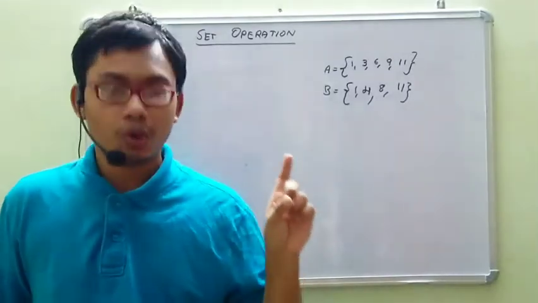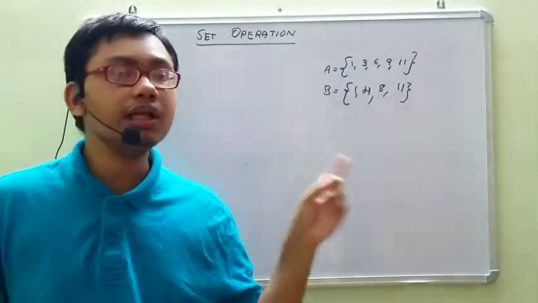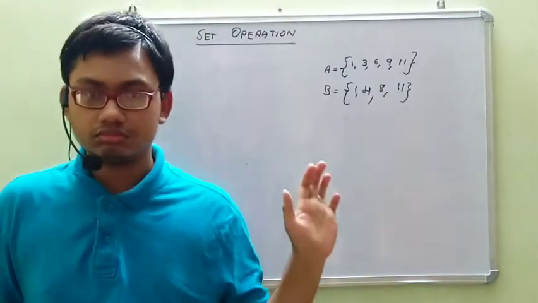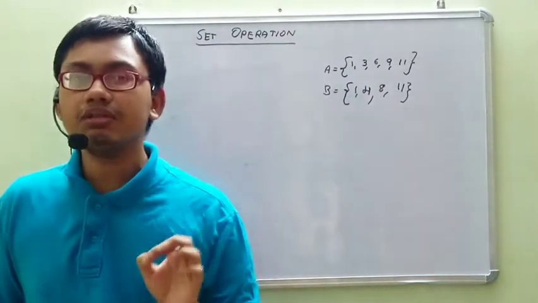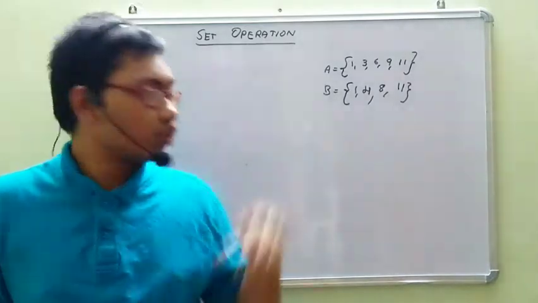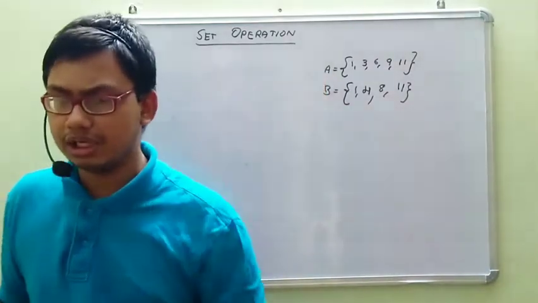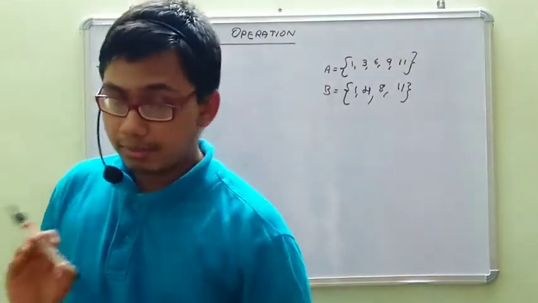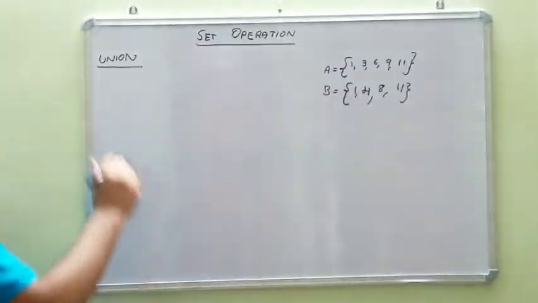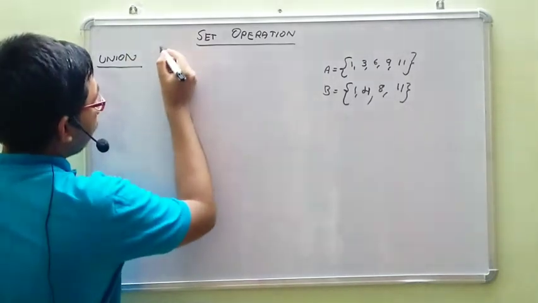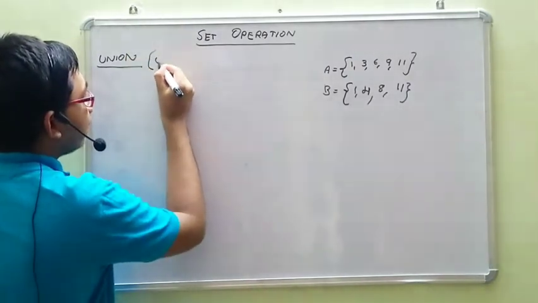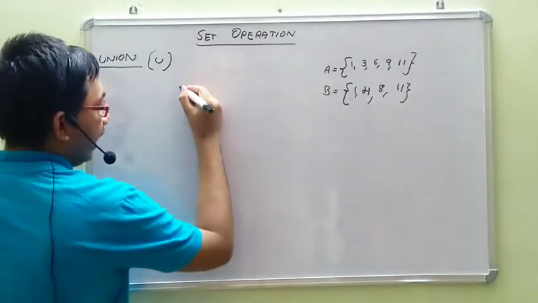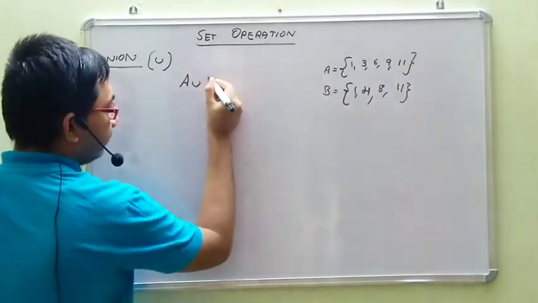Whenever you do any operation, the resulting set will have elements, and those elements will not be outside of these two sets. Okay, basically, but there is one operation in which the outside will be there, but let us focus on that later. Now, first of all, the notation of union is like this, a mini U. Okay, we write this as A union B.